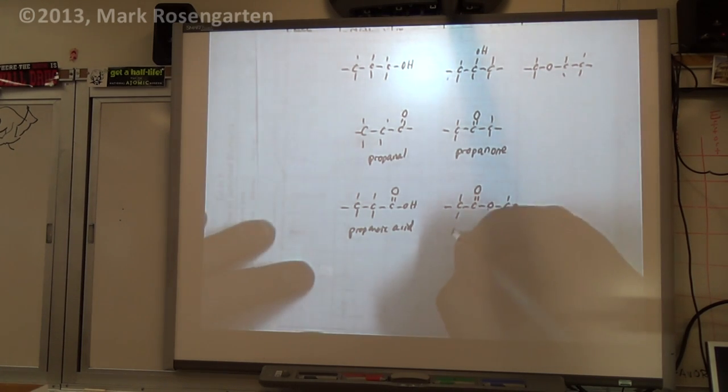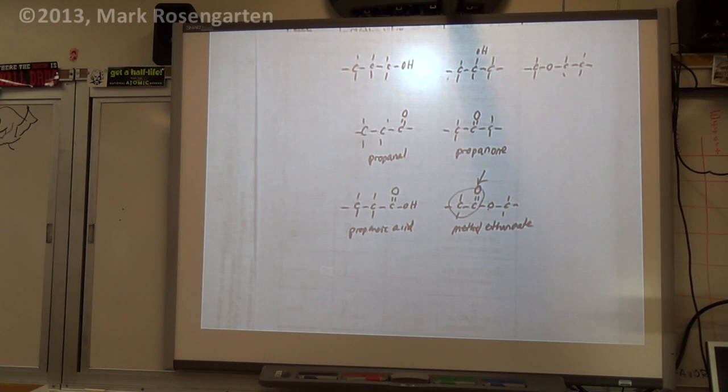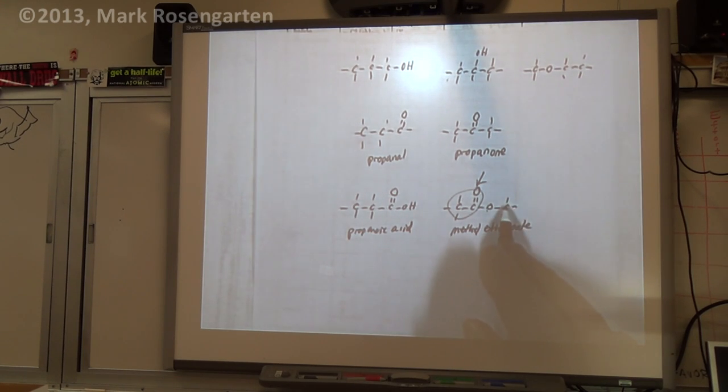This would be called methyl ethanoate, because the eth part, the 2 carbon part, has the O in it. So that would be methyl, 1 carbon dingly-dangly, and the ethanoate means that I needed ethanoic acid to make this ester.